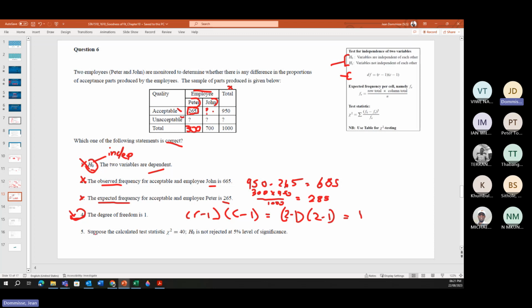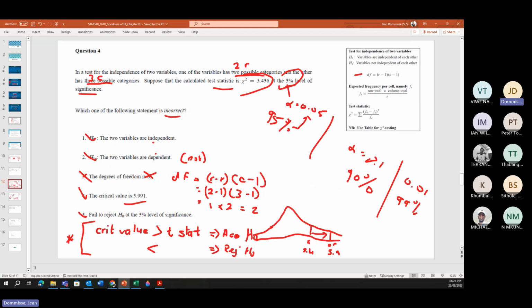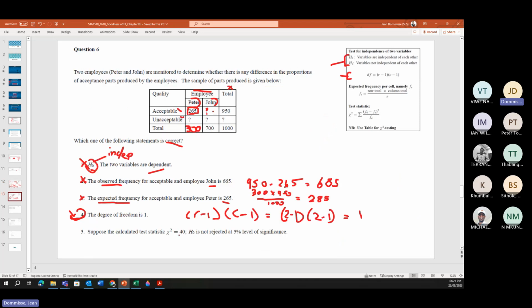Okay, then suppose the calculated t-stat is 40. So let's go and check. So if your critical value is bigger than your t-stat, let's see when we accept the null hypothesis.